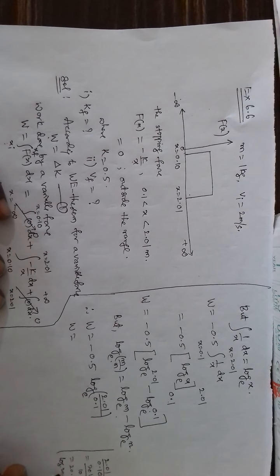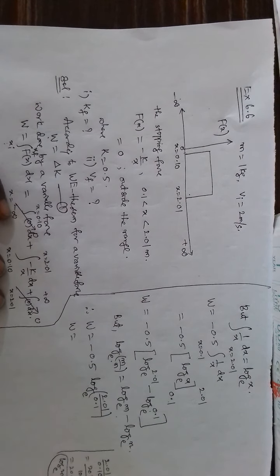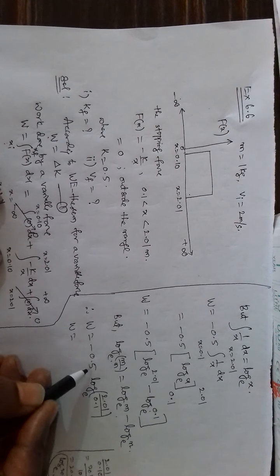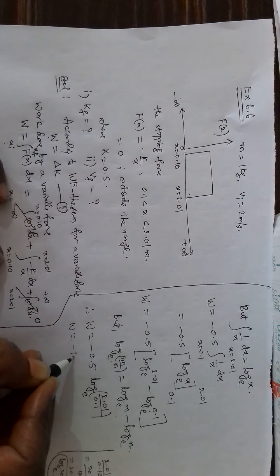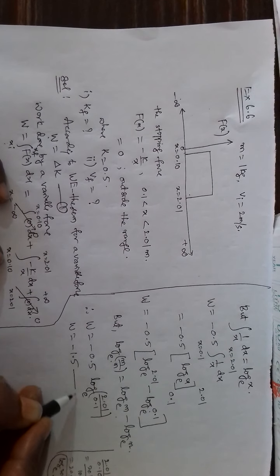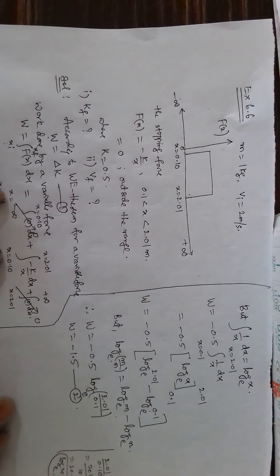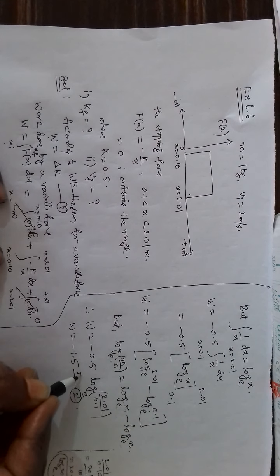Log 20.1 value can be seen from tables. Substituting the value here and multiplying that by 0.5, we ultimately get the answer as minus 1.5 joules.